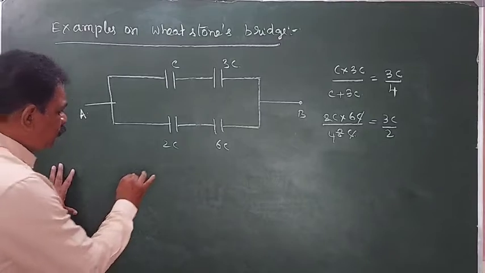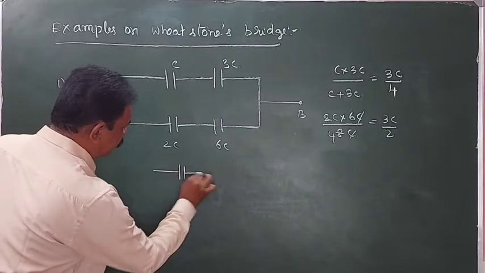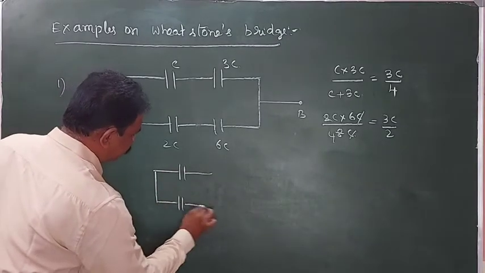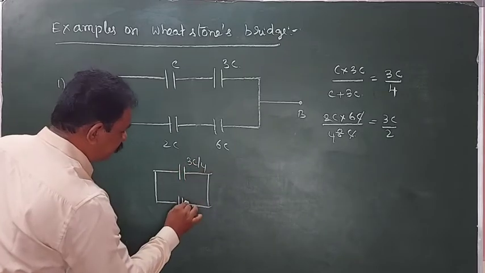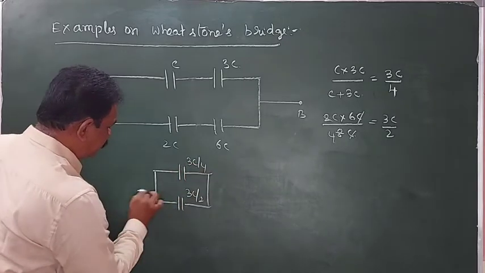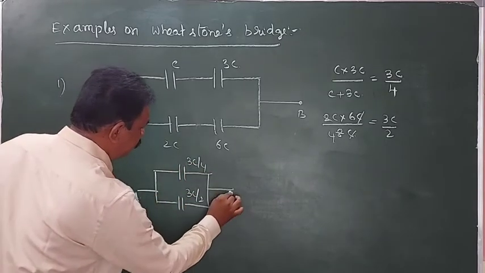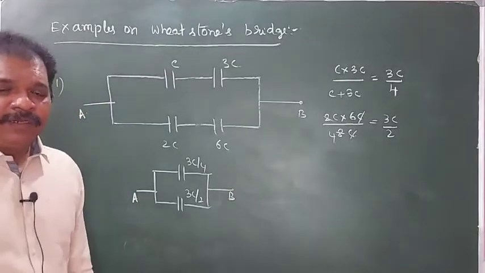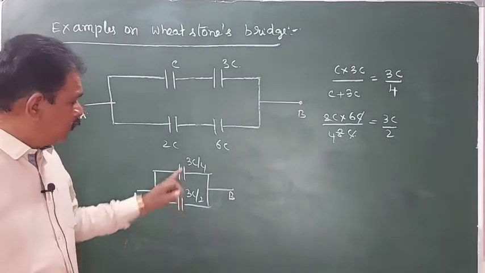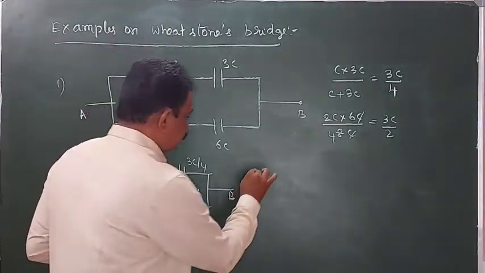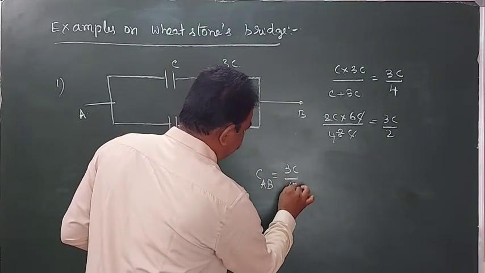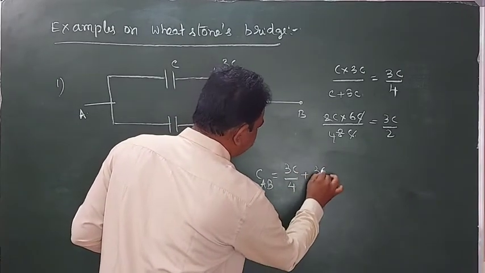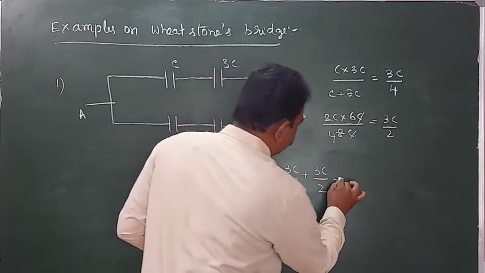If we redraw the circuit, here it will be 3C by 4, here it will be 3C by 2. These two are in parallel. So effective will be how much? CAB is equal to 3C by 4 plus 3C by 2.